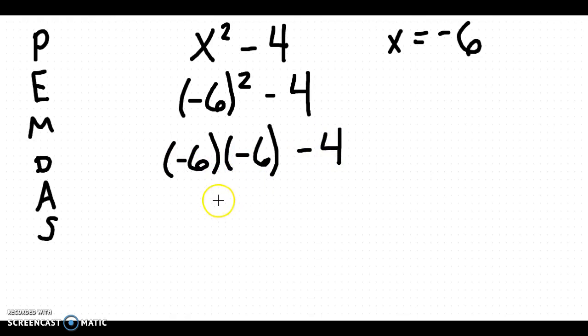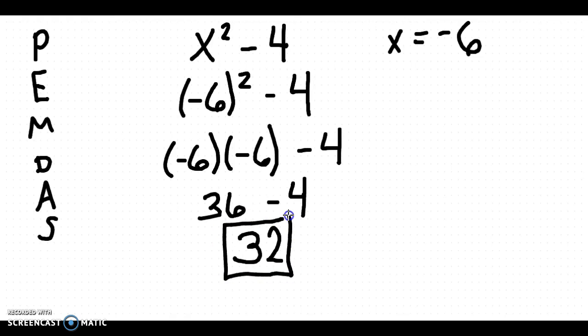When we do these, we get a positive 36 minus 4, which becomes 32. So that's how we would evaluate that expression at x equals negative 6. So those are our examples. Let's try the exercises below.